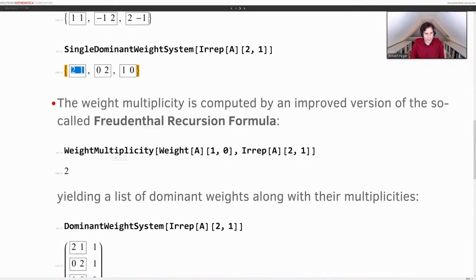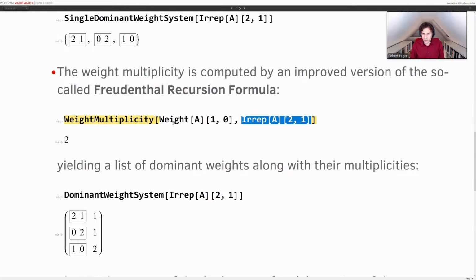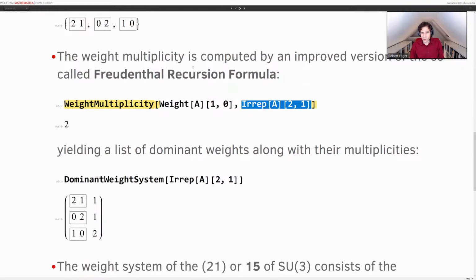The multiplicities are computed with the command WeightMultiplicity, indicating the weight and the representation you want to know its multiplicity in, and they are computed with an improved version of the so-called Freudenthal recursion formula, which I'm not explaining here.